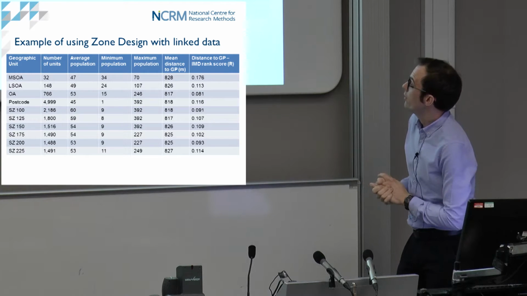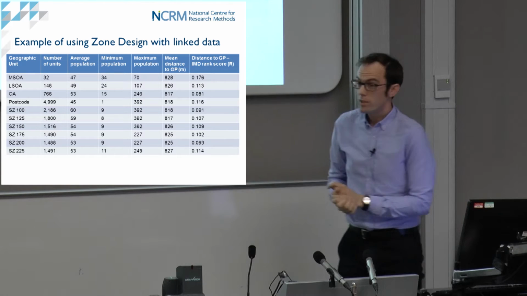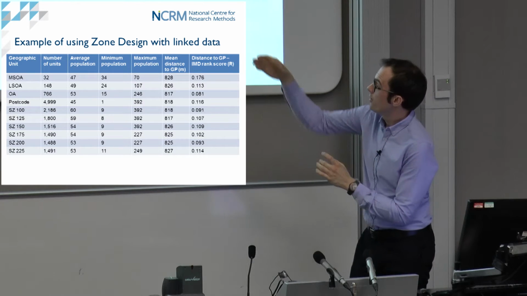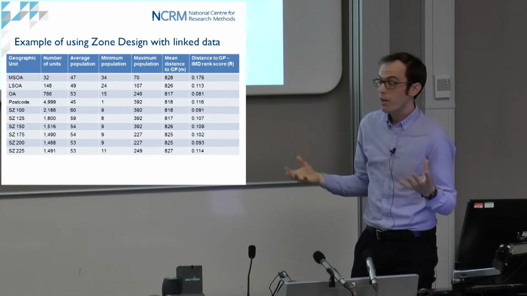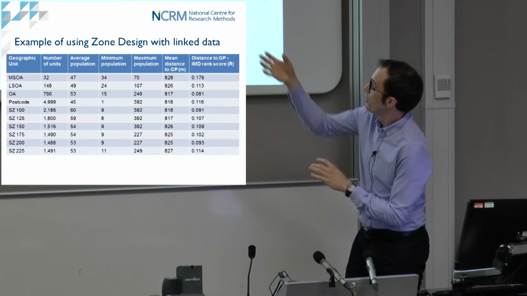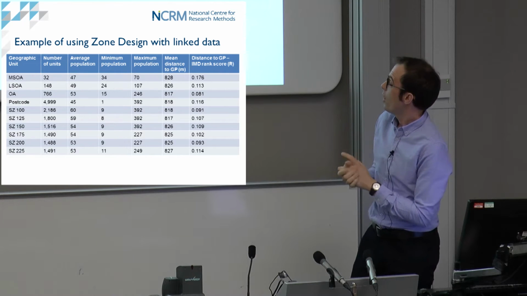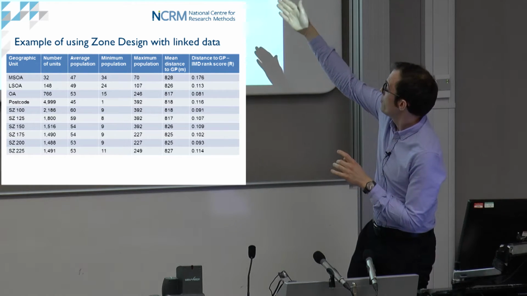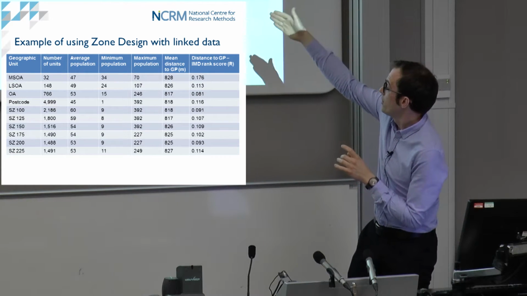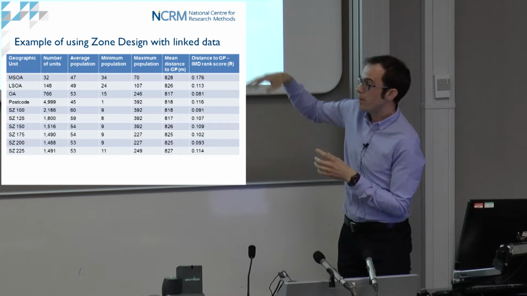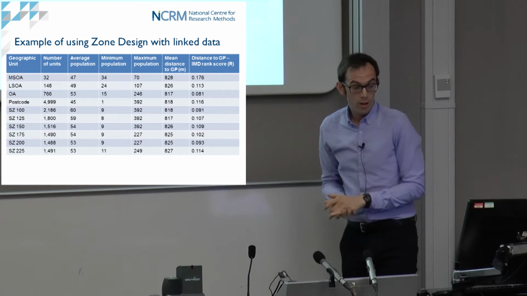To show you this, we've got a table of results based on the different zonation options and also the standard geographies which are readily available: MSOA, LSOA, and OA. We can see the mean distance to GP here and how that changes based on the zonation which we apply.